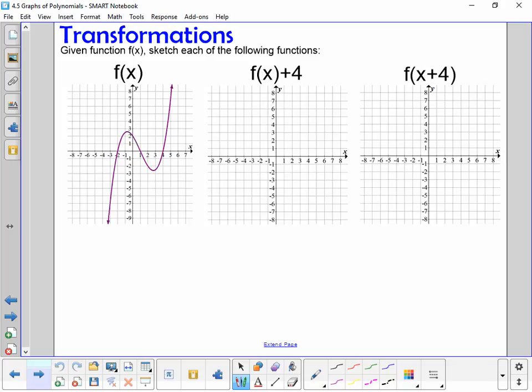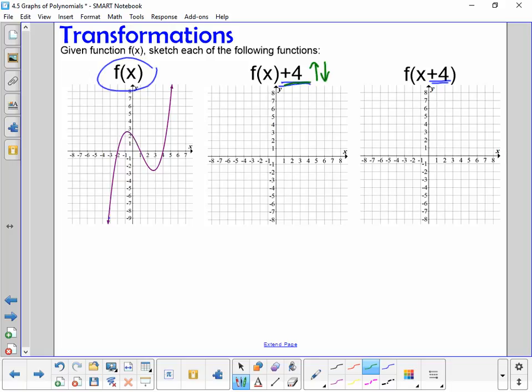So here's our function f of x right here. This happens to be a cubic polynomial function. We could transform it by either adding 4 as a constant at the end of the function, or we could add 4 to the x value in the function, and that will transform it in 2 different ways. And you might remember, hopefully, from other function types, that if we add 4 as a constant at the end, this is a vertical translation.